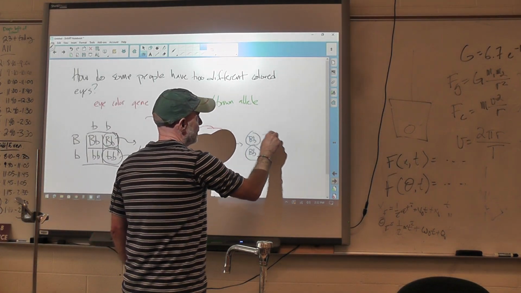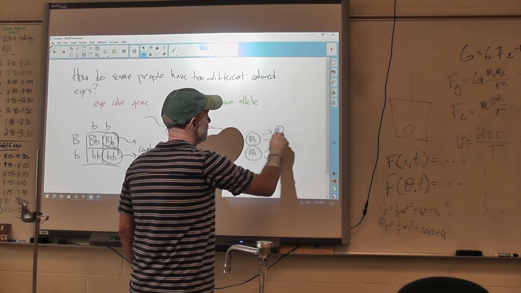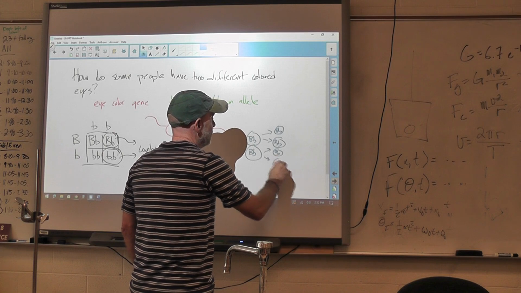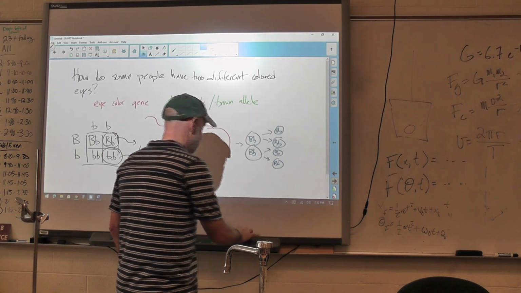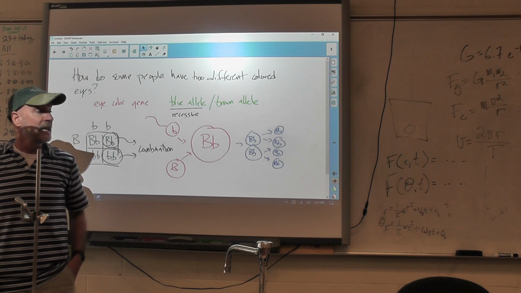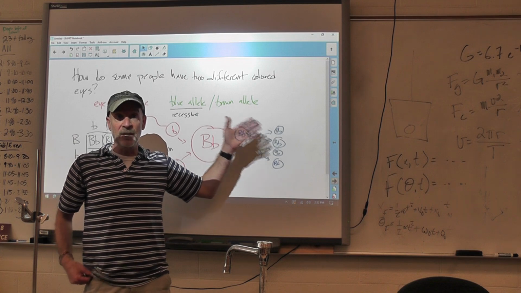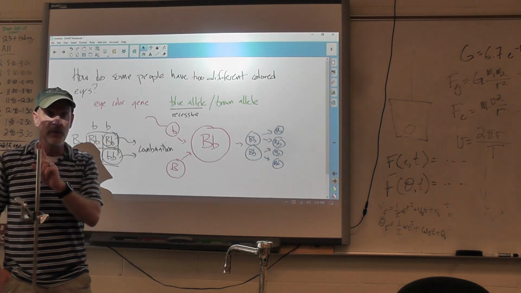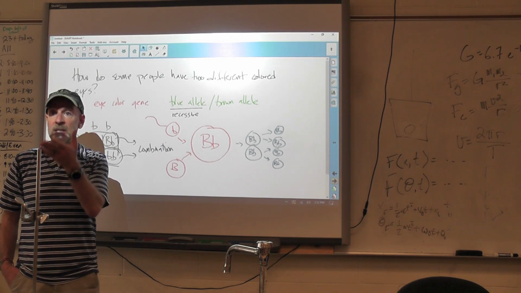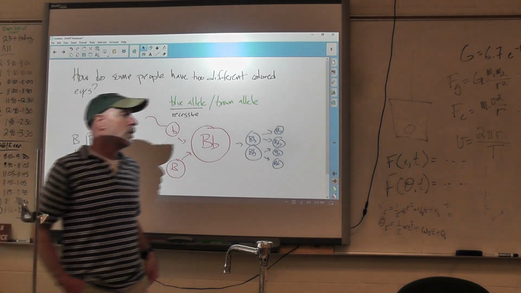Then those would have divided into four cells that were each heterozygous. If you keep going, you'll realize there's a problem here. Every single cell division has got to result in a heterozygous cell, which means every cell is going to have one of those brown-eyed alleles, so we have to add something to our explanation. What are we going to add?